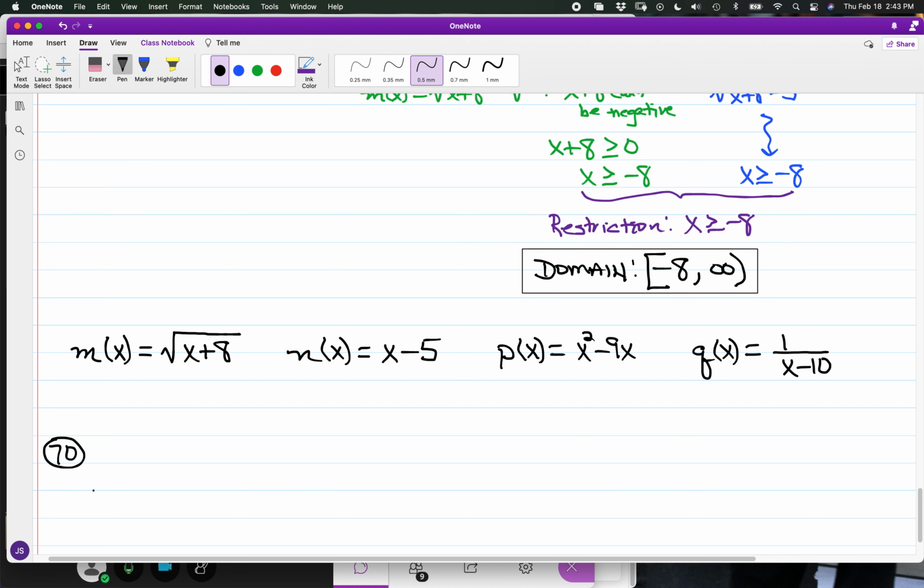So we're looking at working with, now, our first appearance of Q. So we have Q composed with P of X. Again, we have Q of P of X.